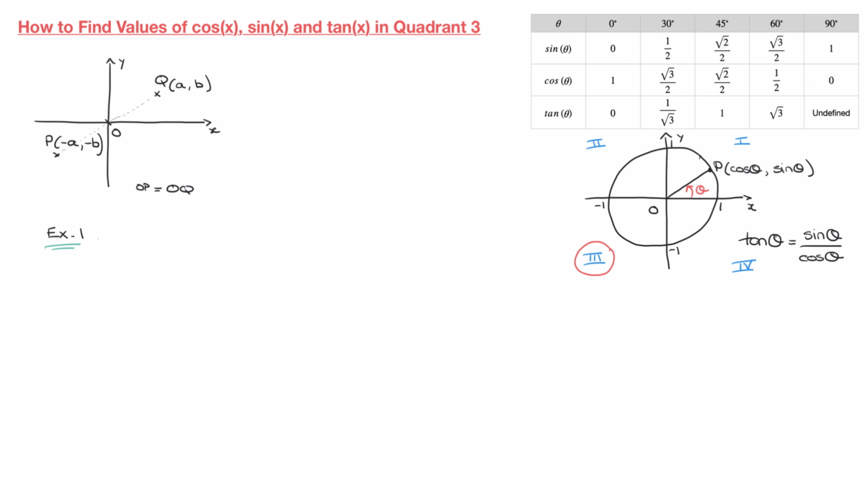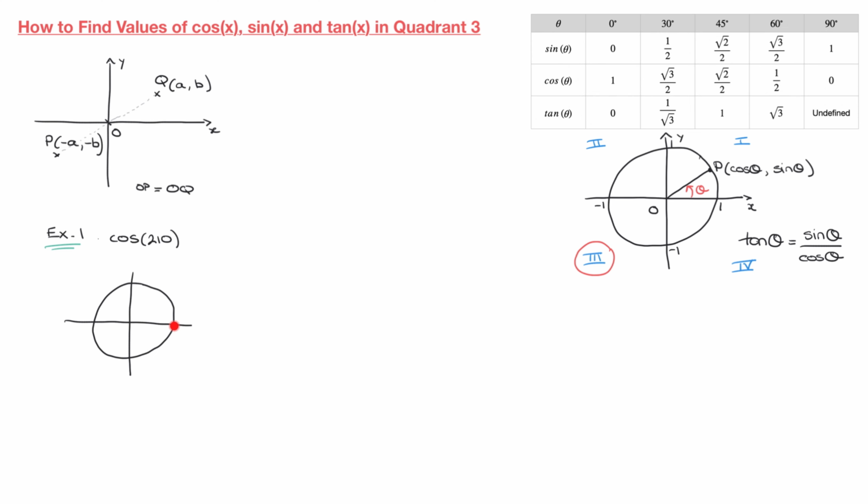So for example 1, let's say we had to find cosine of 210 degrees. Well, to do that, the first thing we should always do is make a quick sketch of a unit circle, something looking like this. There we go. And now we'll place a point P along the circumference of this circle, such that the radius at point P makes an angle of 210 degrees with the positive x-axis.